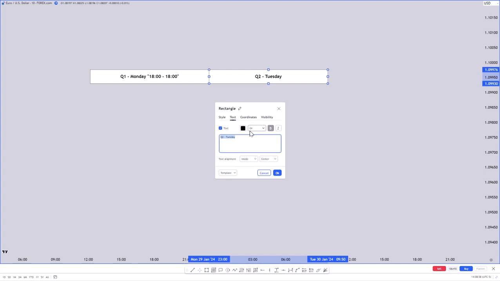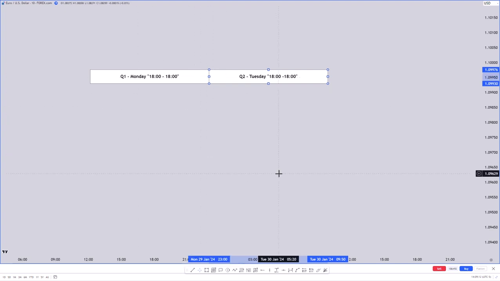Then same right here, 18 to 18. So all these are pretty much predefined. So 18 for Monday. If this is Monday, this would be 18 Sunday to 18 Monday, meaning that Tuesday initially begins at 18 of Monday.